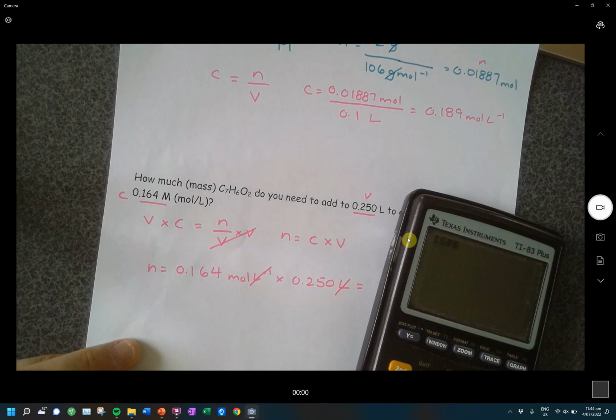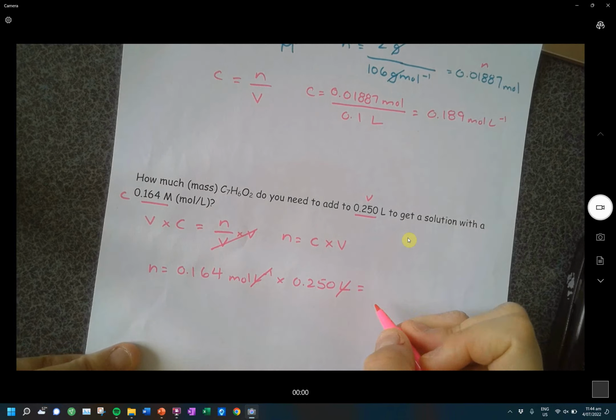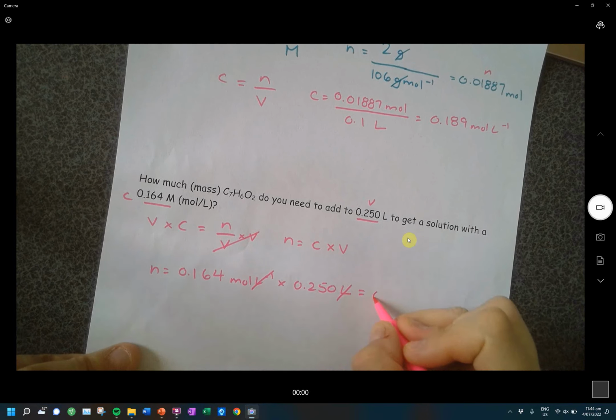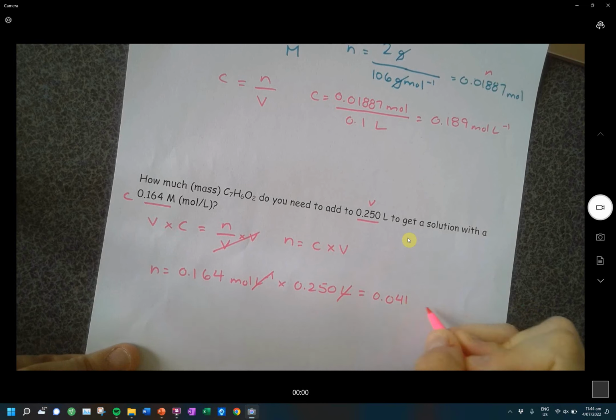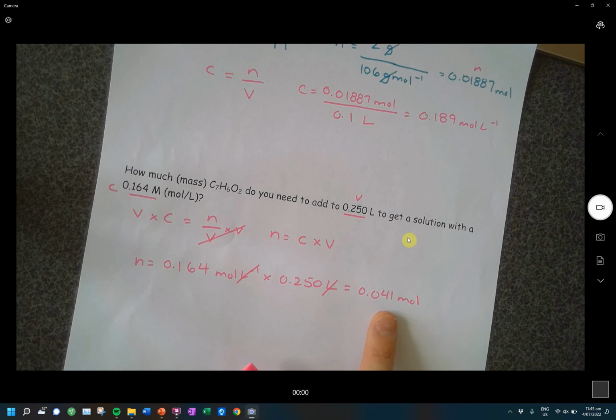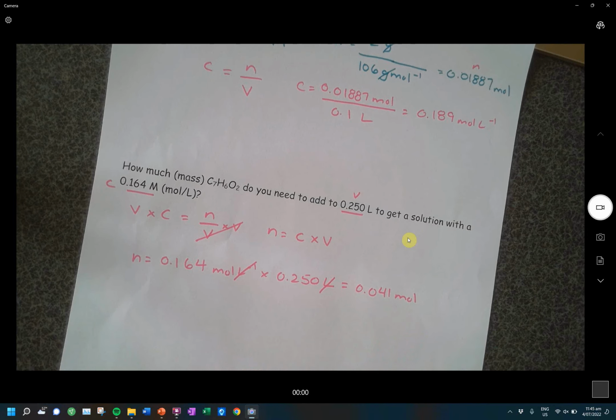So 0.64 times 0.25, I get, oops, I forgot to put the point in that. 0.64 times 0.25 is 0.041 moles. Are we okay with how I found that? All right, obviously with that, I can't go and count up those atoms to figure out what's going to give me 0.041 moles. So what I'm going to do is convert it into a mass, that way I can just go onto my scale and weigh it out.